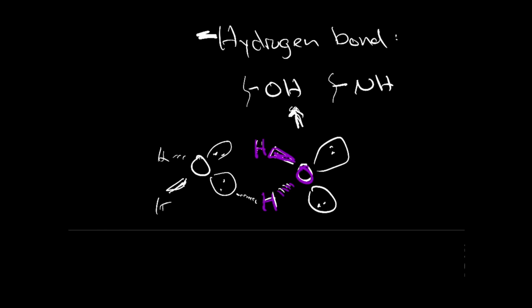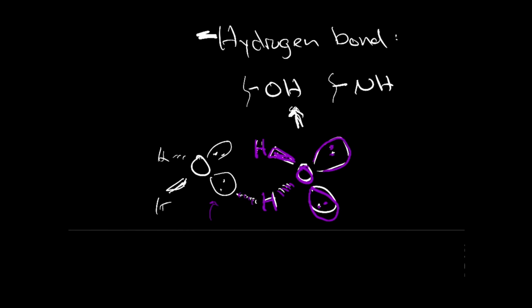And this interaction right here actually has a fair amount of associated energy. That's why water has a pretty high boiling point for such a small molecule, because these associations are pretty strong. And more importantly, they can form networks, and they can bounce around. In a solution of water, obviously, there's going to be a bunch of lone pairs, and so the hydrogens of the water can really start interacting very strongly.